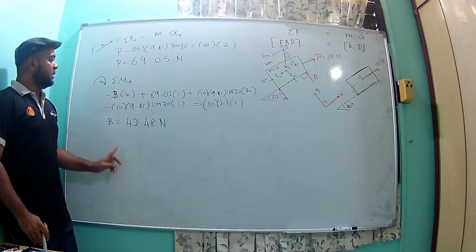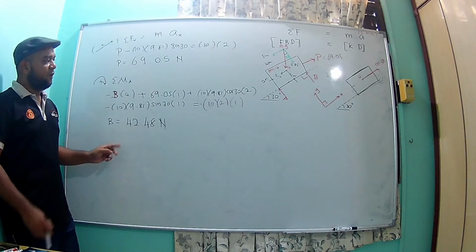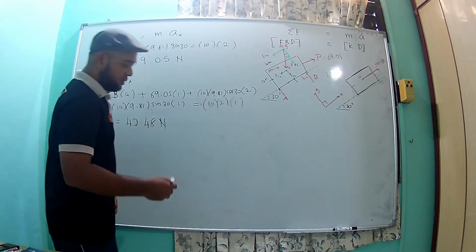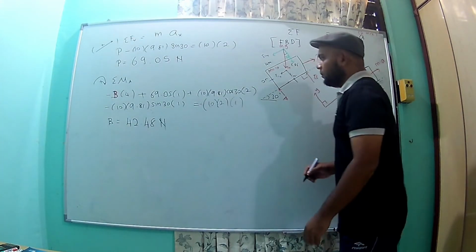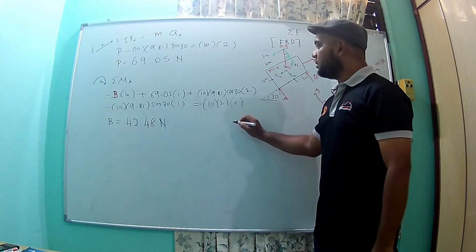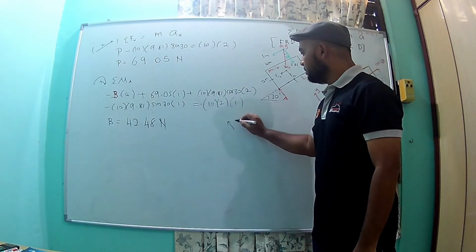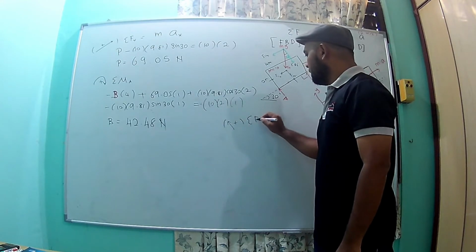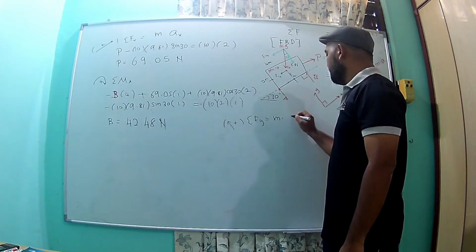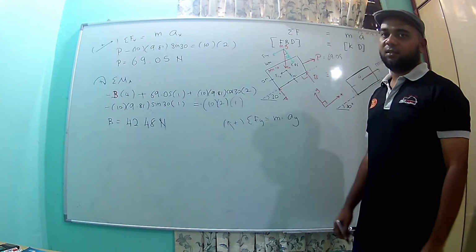Okay, so the last one will be sigma Fy. So we can put it here, sigma Fy. Last part, this direction is positive. Sigma Fy equal to M A in Y direction.